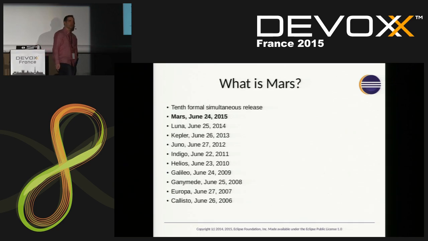Every year we release in June. Every year we bring together a whole bunch of different projects. This year I have 80 different projects participating in the simultaneous release. Most of them are producing things that you generally will care about. Most of them are IDE sorts of things. I've mentioned eGit, I've mentioned the Java development tools, the C and C++ development tools. We also have a lot of different modeling projects producing things.